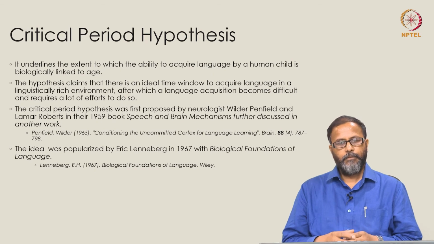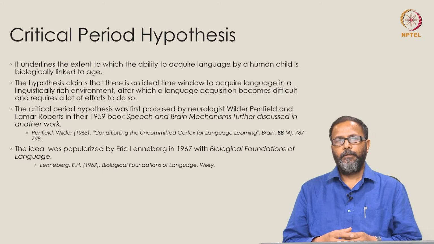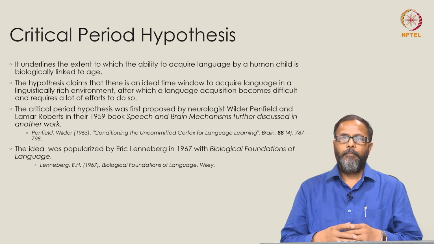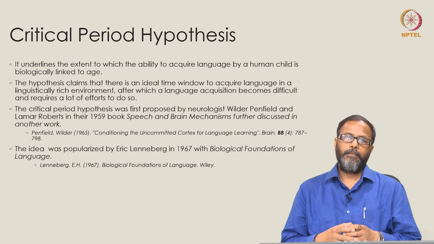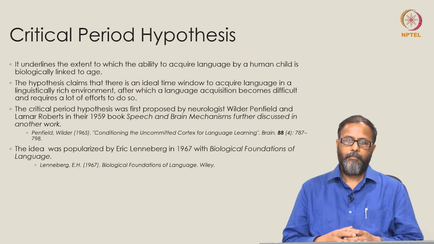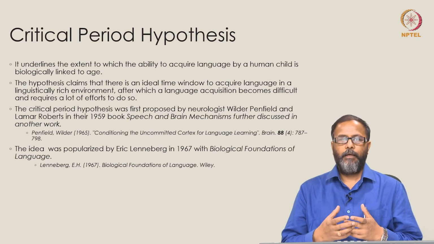And though this claim is also refuted and debated, the importance of this idea cannot be overruled or underestimated. Support for this idea comes from various feral and deaf children.